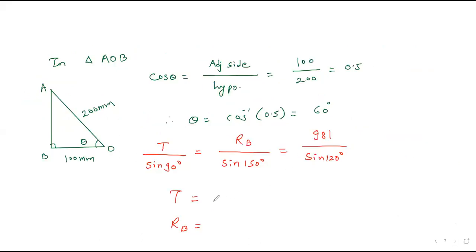Fast. What is the answer? Five, six, 38 RB.